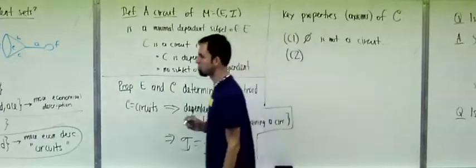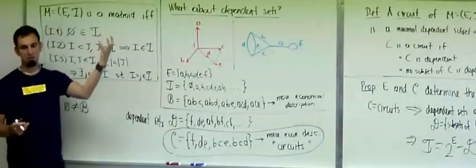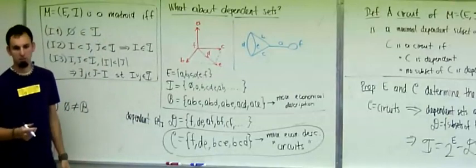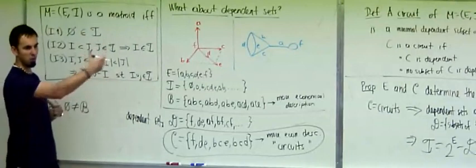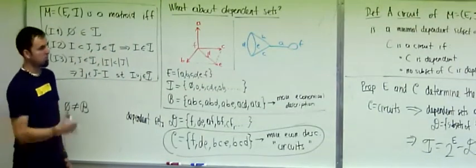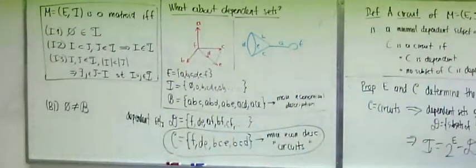Second axiom. Let's go back to the second axiom for independence. It said if you start with something independent and you take a subset of that, then that's still independent. So this is something about going from something to a subset of it. So what would you say it is in this case? Anything containing a circuit is dependent? But we're talking about circuits, so I don't know what the word dependent means.